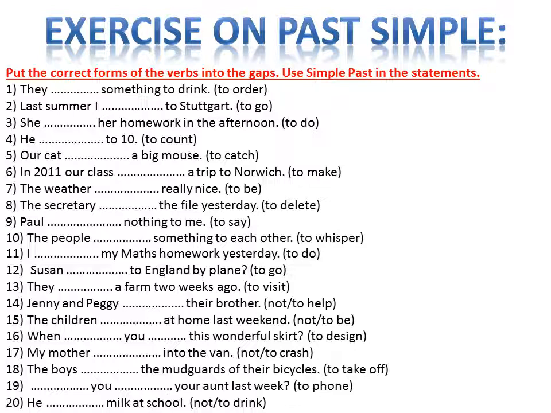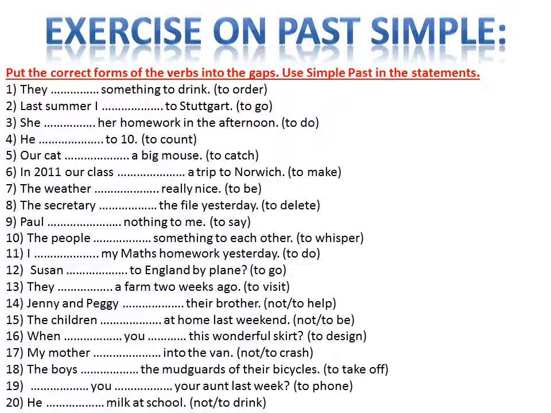With regular verbs, we put ed, or d if the verb ends in e, or ied if the verb ends in y, preceded by a consonant. And for the irregular verbs, we use the second form of the verb.